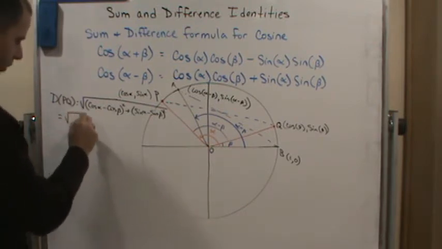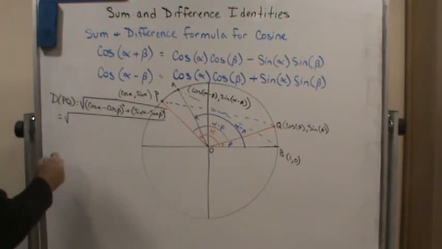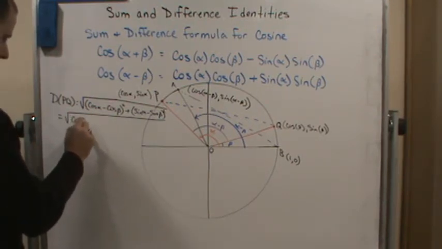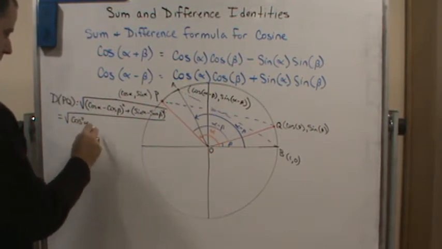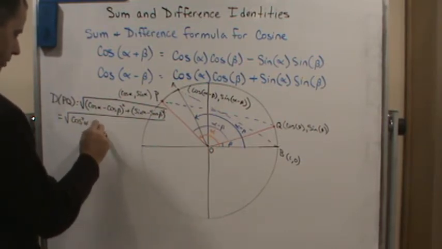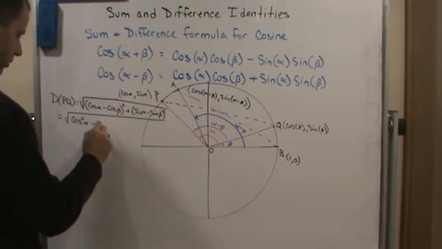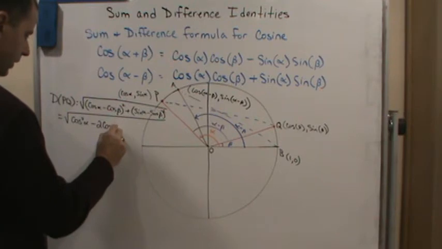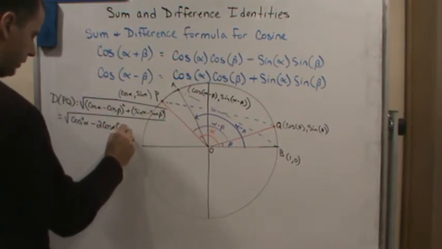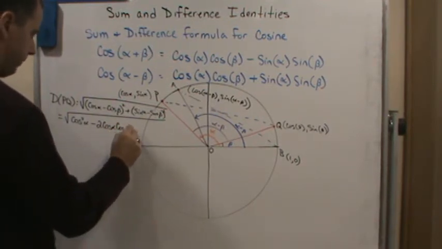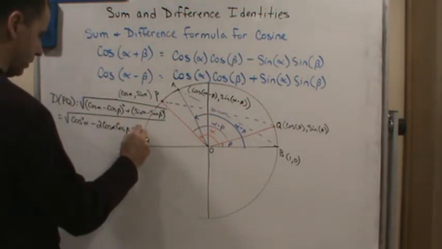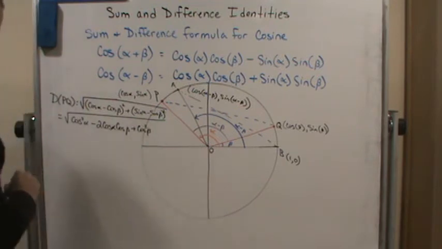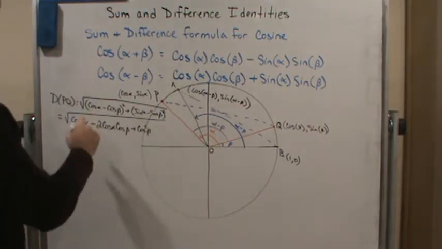So this is going to be the square root of cosine squared alpha minus 2 cosine alpha cosine beta plus cosine squared beta. That's just the first piece.